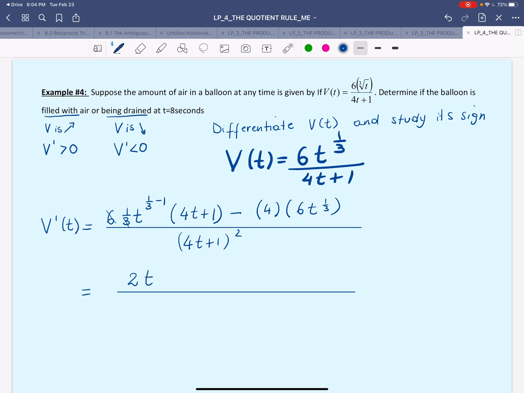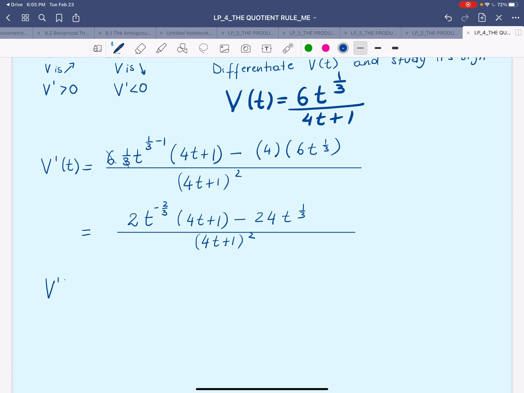So then we have t to the power of negative 2 over 3, and then times 4t plus 1. And then the other term is 24t to the power of 1 over 3 over 4t plus 1 squared.